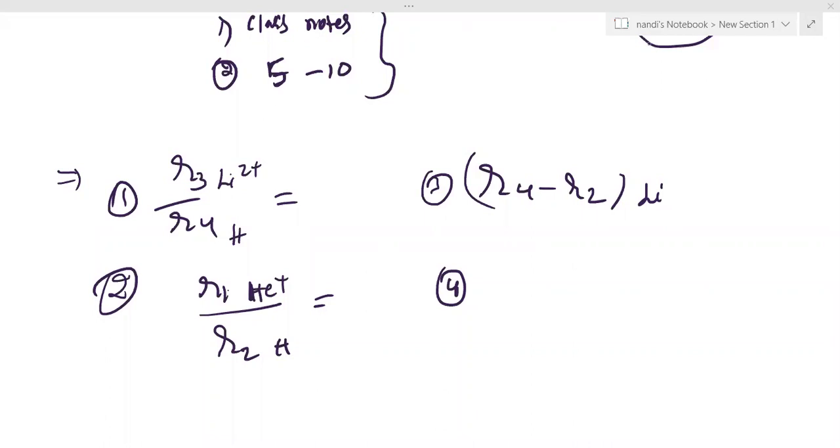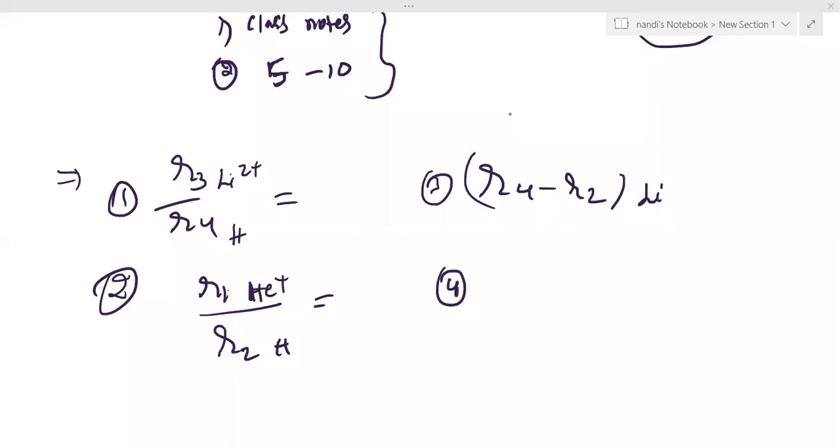Whatever is different, you need to keep. So this is the radius formula, sir. These are the questions you have to create yourself, up to 10 questions. Then practice until you are getting them confidently.